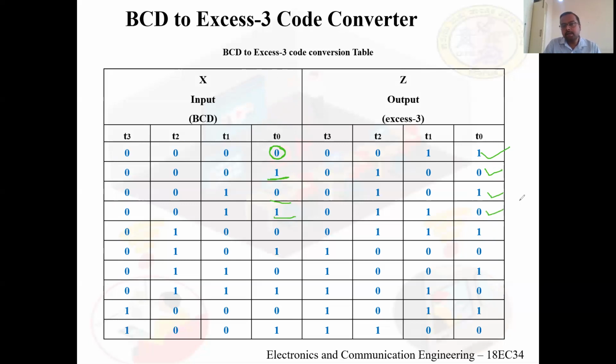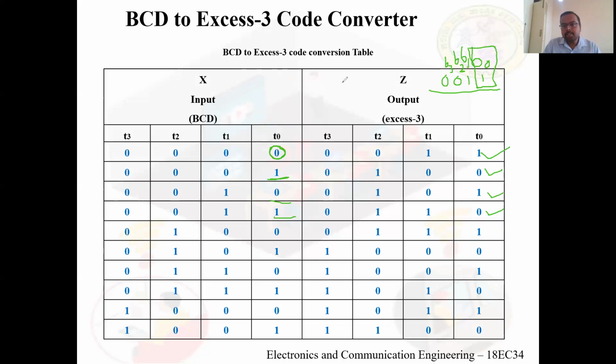Why is it 1 here? As I said, if you see the first digit, this is B0. So this one, 0, 0, 1. What we added here is B0 plus 1.